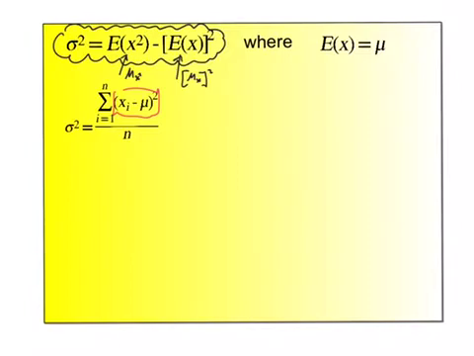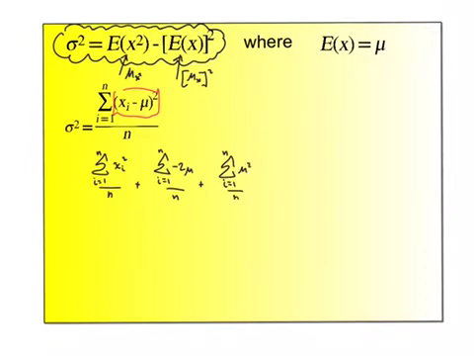So what I would have if I FOILed it out is the sum from i equals 1 to n of x sub i squared over n, minus the sum from i equals 1 to n of negative 2 mu, yeah, negative 2 mu x sub i over n, and then plus the sum from i equals 1 to n of mu squared over n.